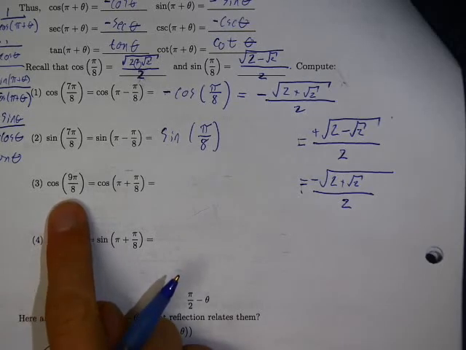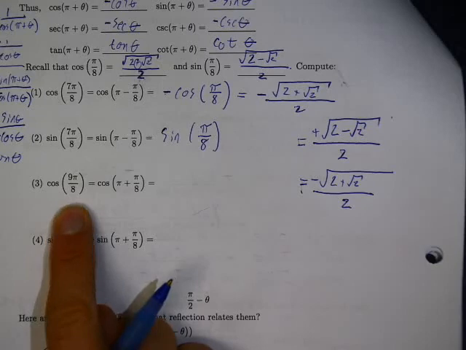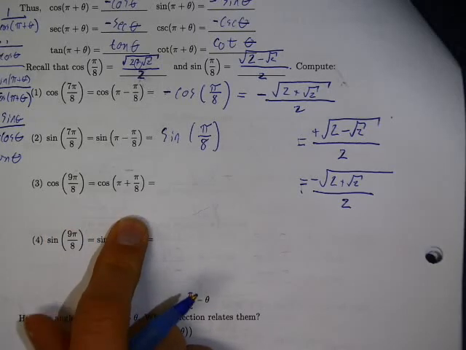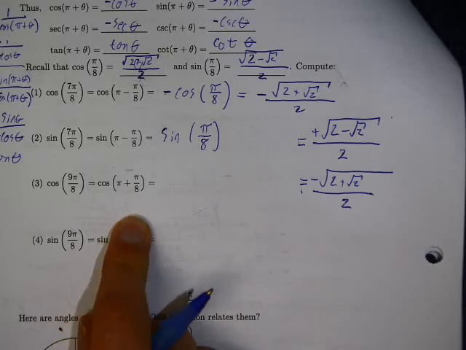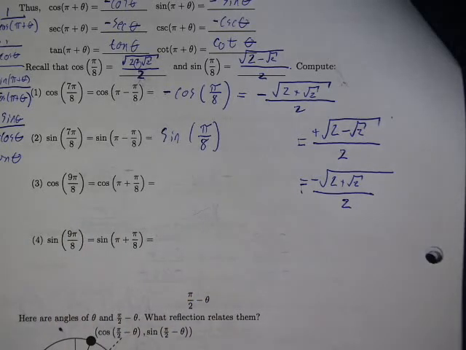So, first things first, 9 pi over 8, is that the same thing as pi plus pi over 8? Yeah. All right, so how do you come up with that? Well, you say 9 pi over 8, it's pretty close to pi. That's what you would get if you rounded it to the nearest pi. And then figure out how far you're off. You're off by a pi over 8.